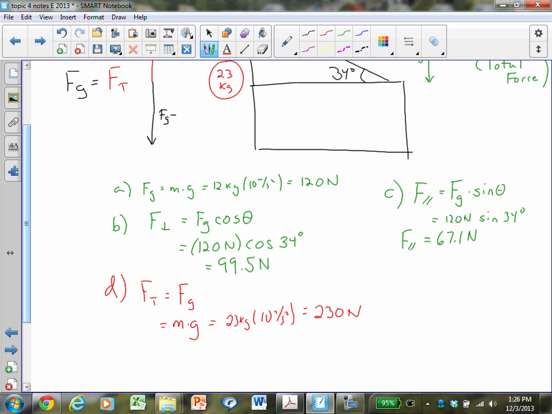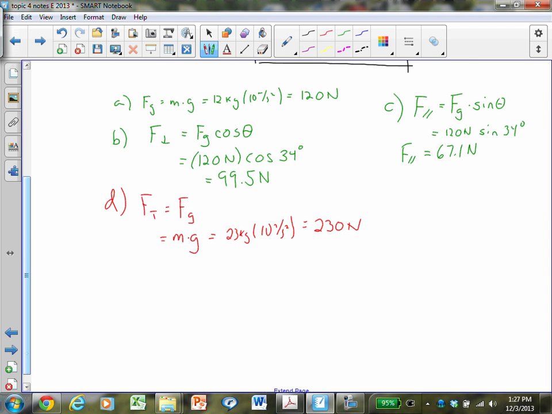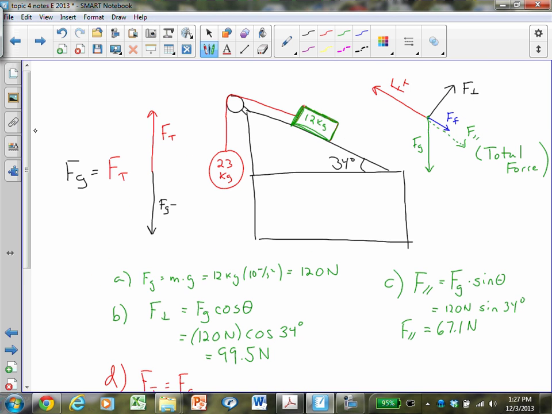What's the mu value? Well, for that we've got to get friction. If we sum the forces in the plane, it equals 0. That means if we come back up here, what forces do we have going this way on the plane?